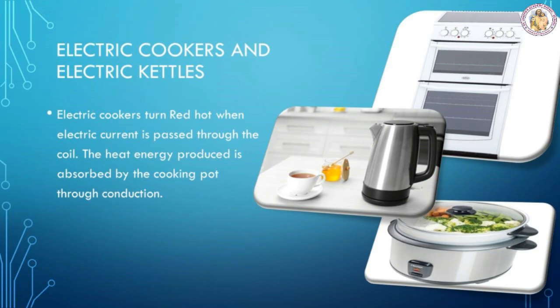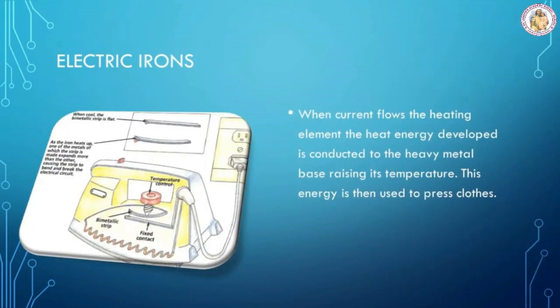The heat is then absorbed by the liquid and distributed throughout the liquid by convection. Electric irons. When current flows through the heating element, the heat energy developed is conducted to the heavy metal base, raising its temperature. This energy is then used to press clothes.